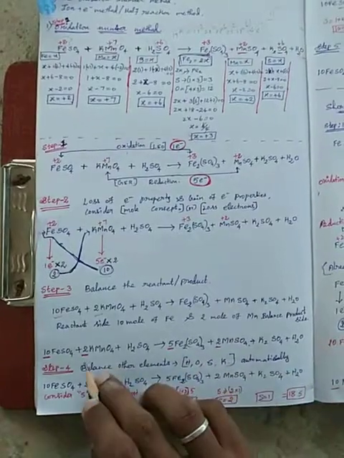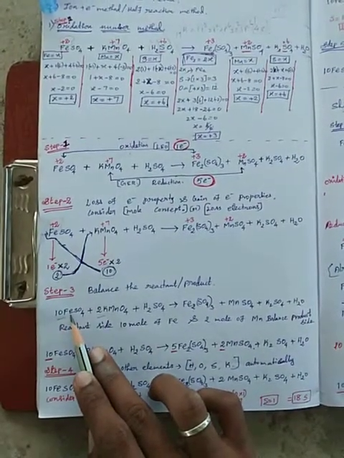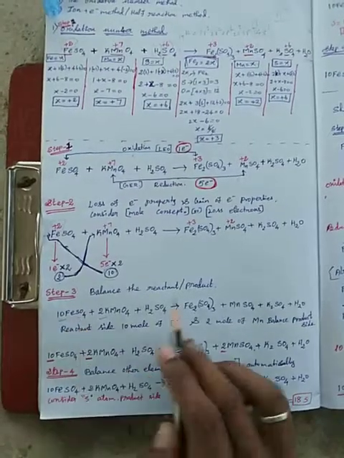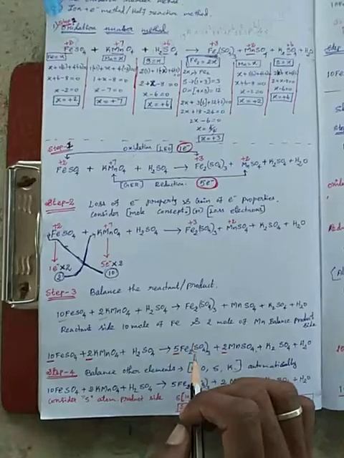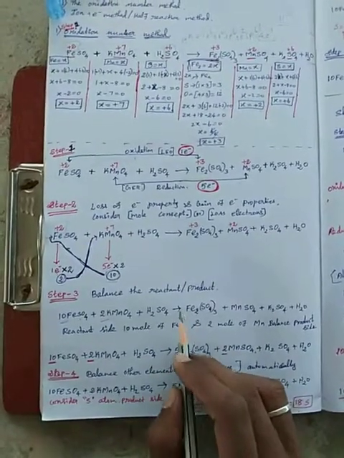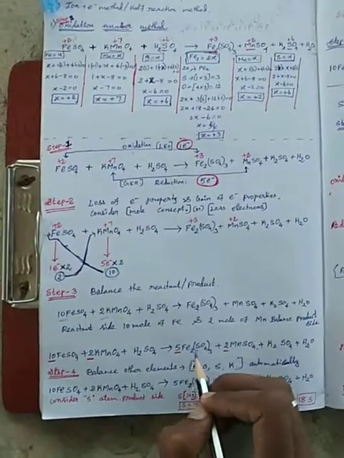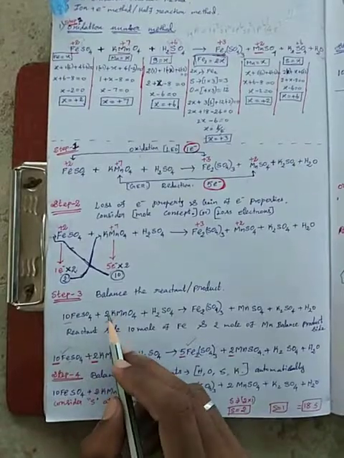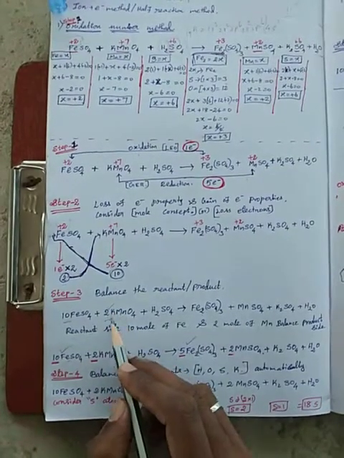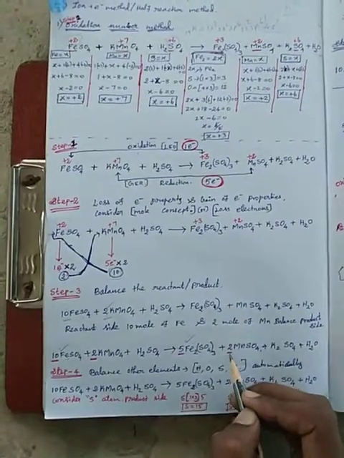So apply the variation: 10 mole of ferrous sulfate ions, 10 times Fe ions. The product part will be 5 into 2, 10. So 5 into 2, 10 ions will be worked out, and in the reactant part 2 times manganese ion, 2 into manganese. So the mention of 2 will be worked out.